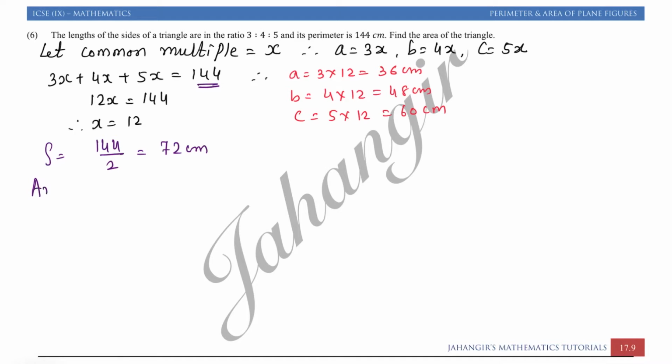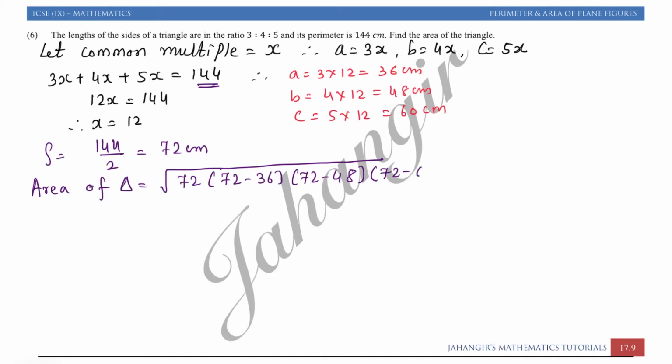Now the area of the triangle is equal to the square root of 72 into 72 minus 36 into 72 minus 48 into 72 minus 60. That will give you 72 into 72 minus 36 is 36, 72 minus 48 is 24, into 12.